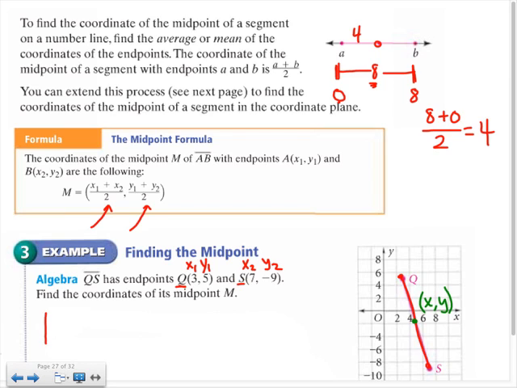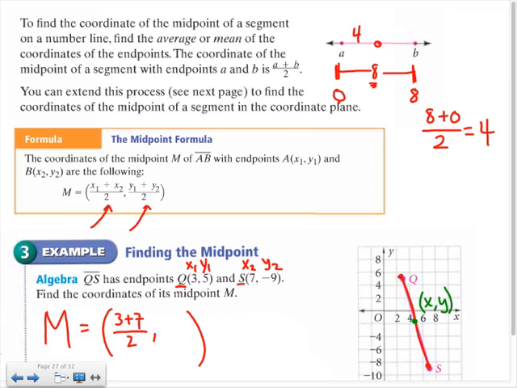Now to find the midpoint, I'm going to find the averages of the x's and the averages of the y's. I'll start with the x's. The average of the two x values, 3 and 7, is equal to the sum of 3 and 7 divided by 2.